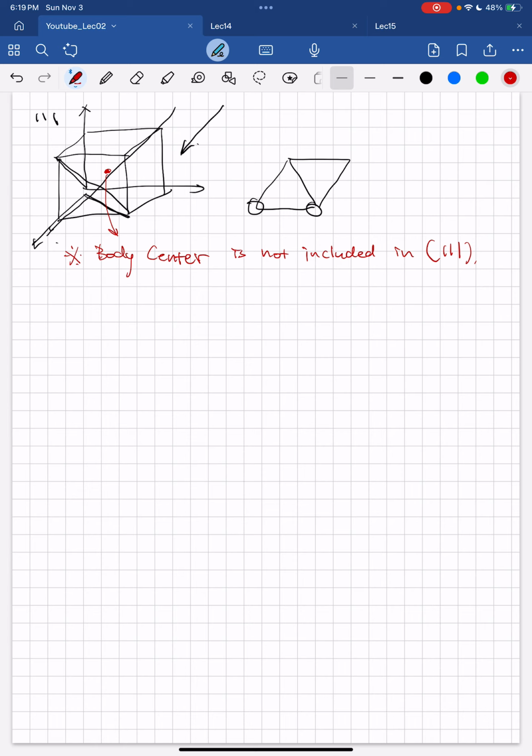Anyway, when you stack in this 111 direction, this plane is perpendicular to the 111 direction. This is the 111 plane. Then you stack it like this, and here too.